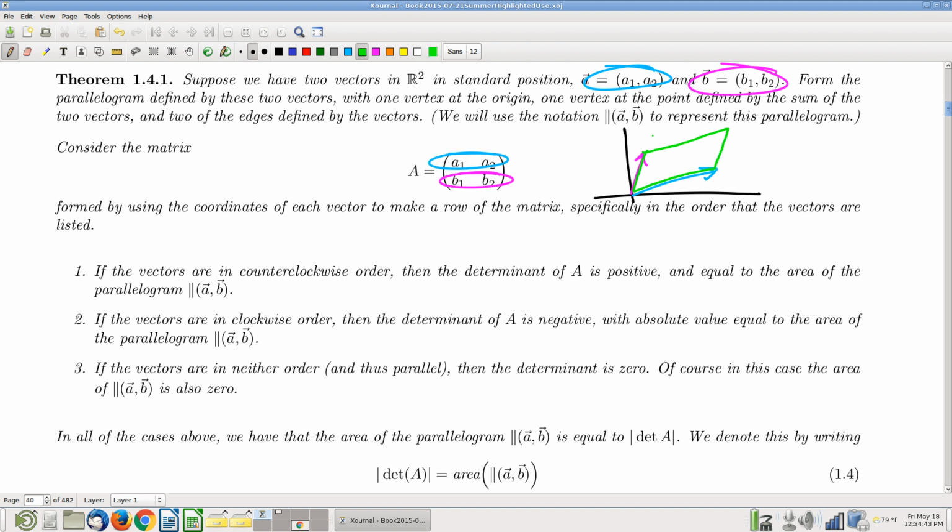In particular, the determinant of this matrix tells you two things. On the one hand, it tells you whether this listing is in clockwise or counterclockwise order. Note whether the vectors are listed counterclockwise or clockwise or neither corresponds perfectly with whether the determinant is positive, negative, or 0.